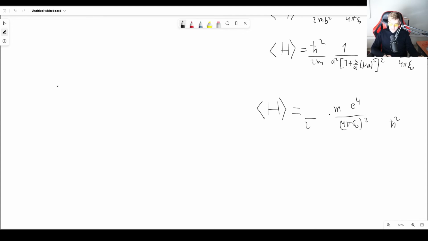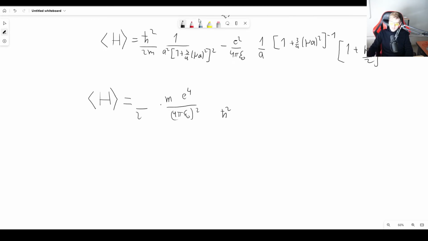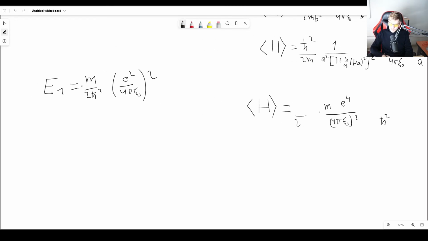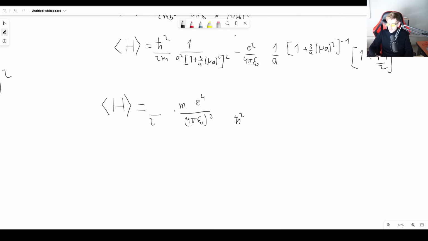Well, as you might recall, E1, the ground state energy for the hydrogen atom, is m over 2 h bar squared e squared over 4 pi epsilon 0 squared, which is precisely what we have here. So, minus this, of course. So this entire thing is simply minus E1 times this bracket here.